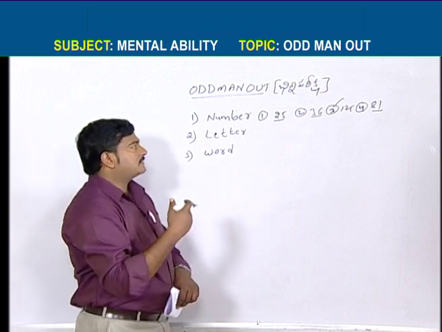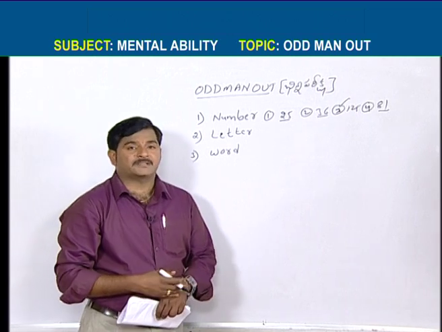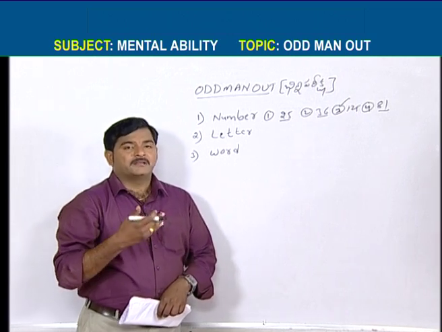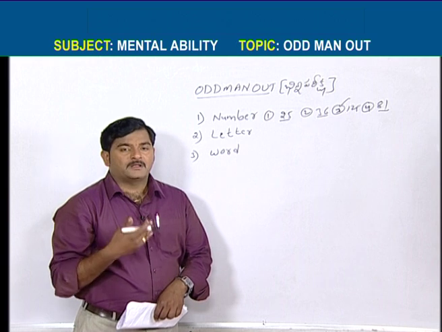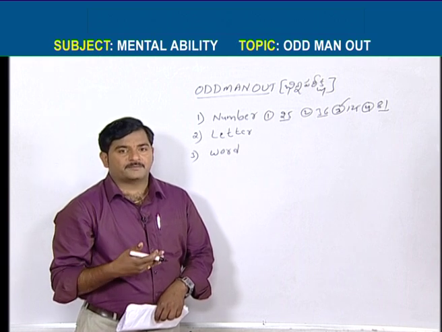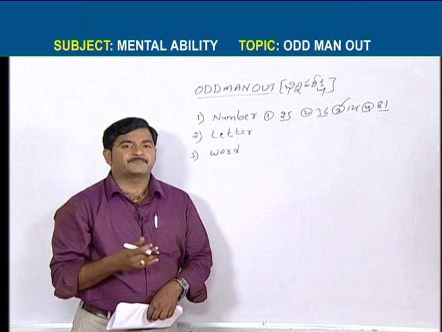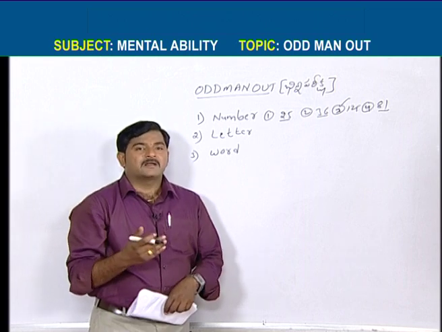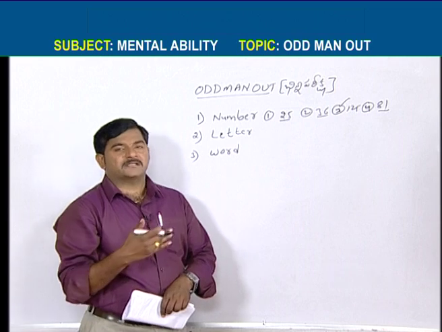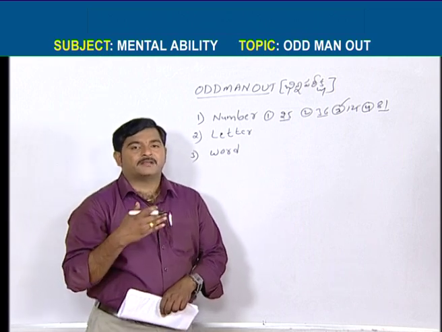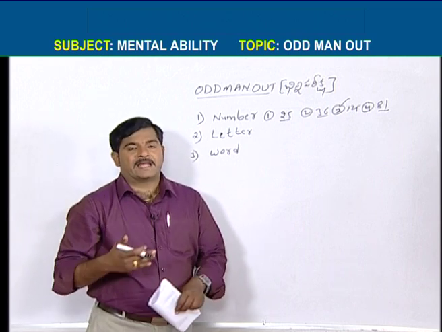Again, the concepts we used in number series: even number, odd number, prime number, composite number, squares, cubes, squares minus 1, cubes minus 1, or n square plus or minus n, or n cube plus or minus n square, and so on.